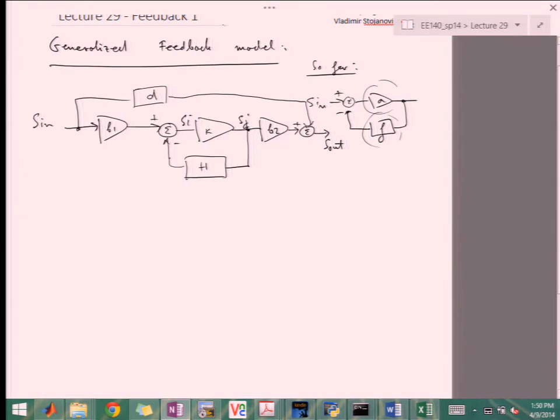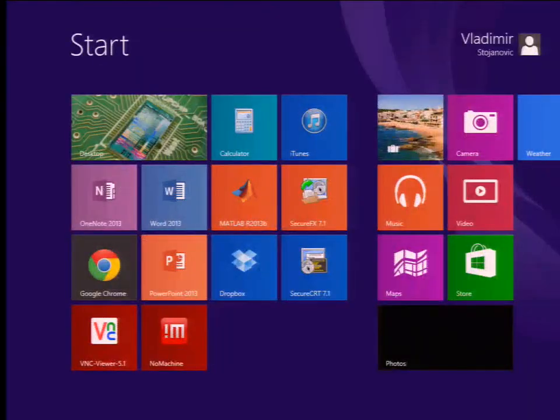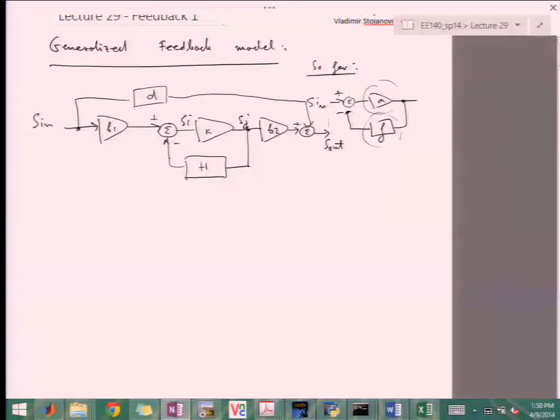By having this model, we're accounting for several things.